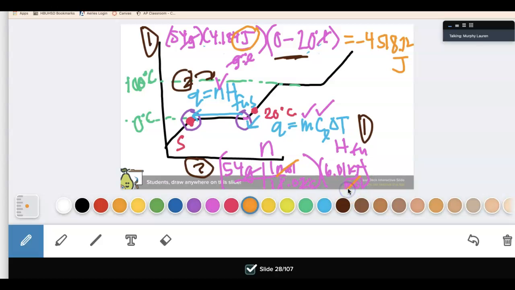I don't see moles up here, I only see joules. So now my moles are gone. I have the option to either change this number up here to kilojoules or change this one to joules. They just have to both be in the same unit if you're going to add them together. I'm going to choose to change equation number 2 to joules. The conversion factor is 1 kilojoule is 1,000 joules.